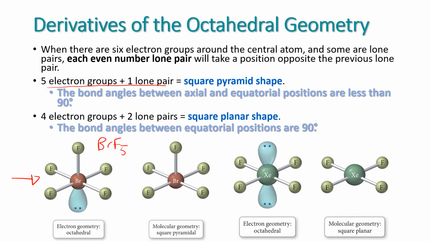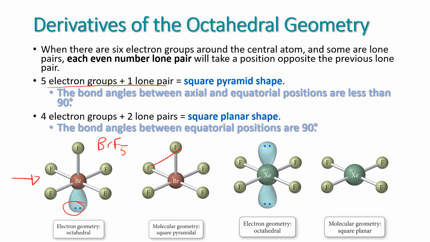Every position for octahedral outer atoms on a central atom, like that's the electron geometry around that central atom, all the positions for the outer atoms are equal. Like if you turn this thing around, it's going to be exactly the same. The position is always the same. So you can just say, okay, it's taking that position at the bottom.